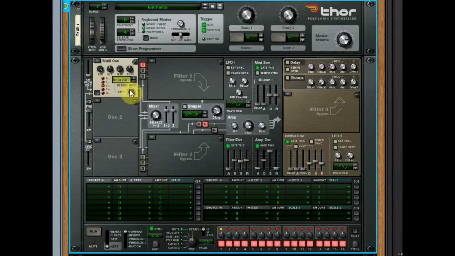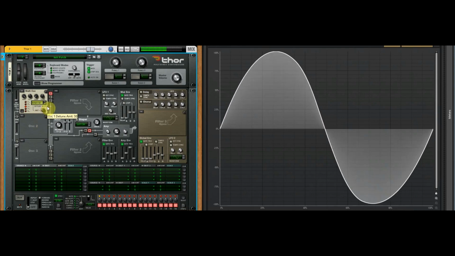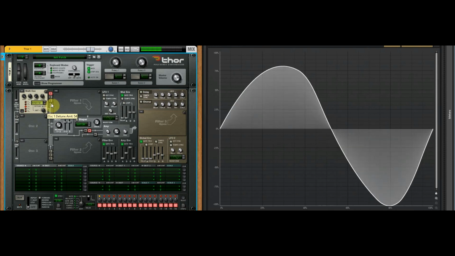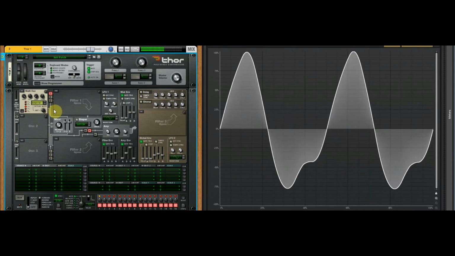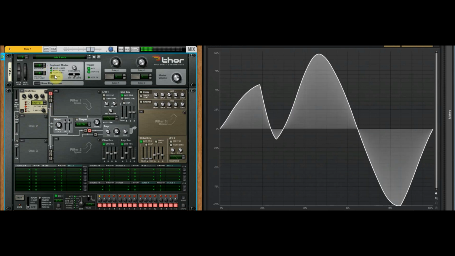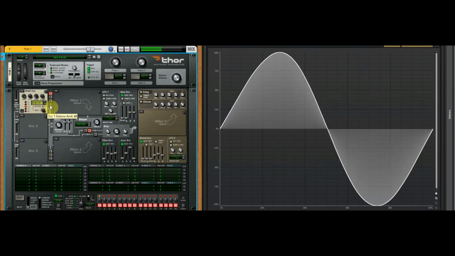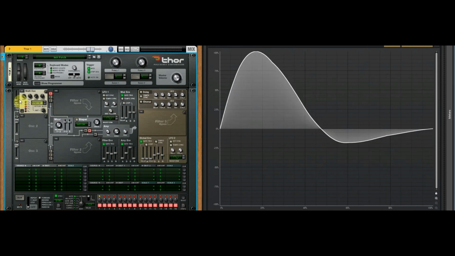When you get to the top, it's just kind of like noise. So it's a small interval.